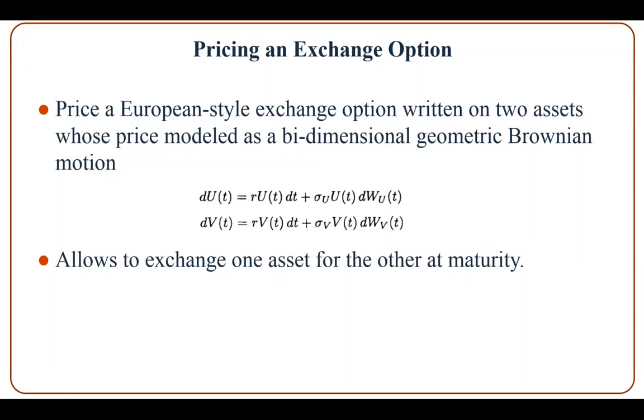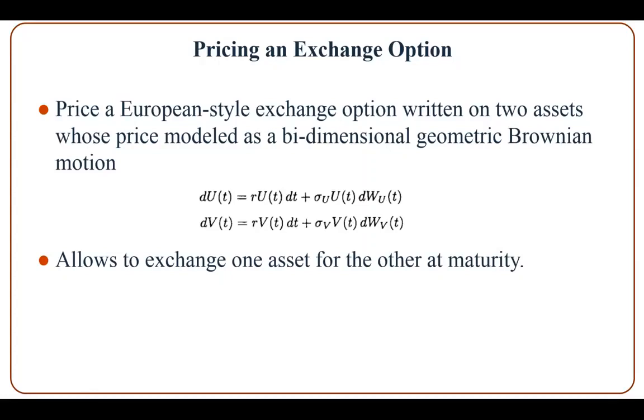This slide shows how to use Monte Carlo simulation to price a European style exchange option written on 2 assets whose price model is a bidimensional geometric Brownian motion. The correlation between the 2 Wiener processes is rho.